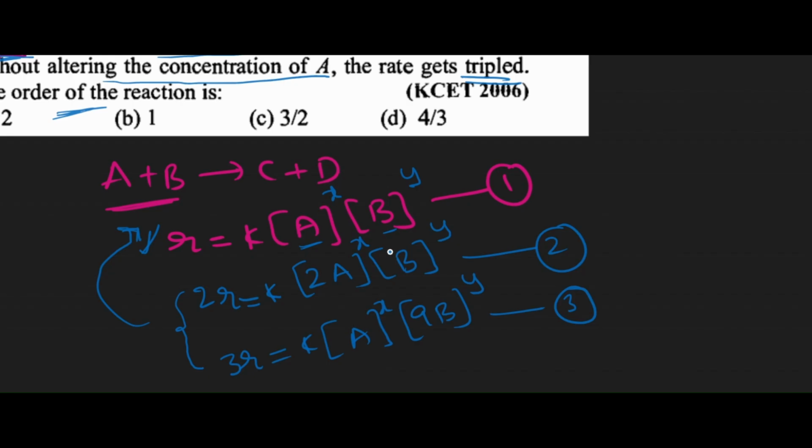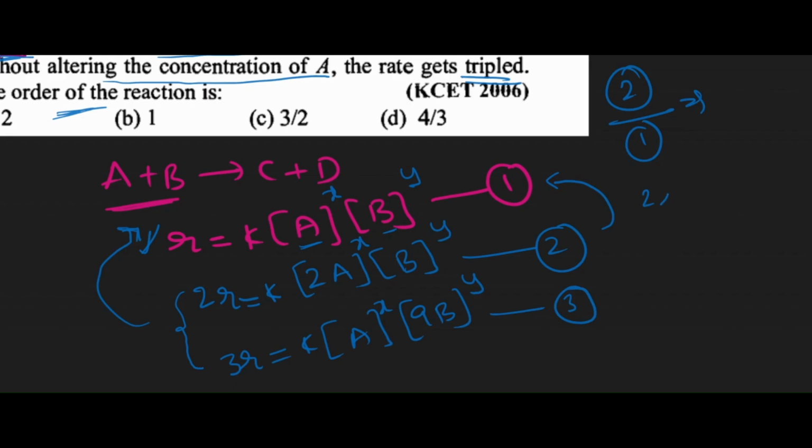By using these mathematical equations that we have assumed, we have to solve for X and Y. Now divide equation 2 by equation 1, so B will get cancelled. So what will happen?